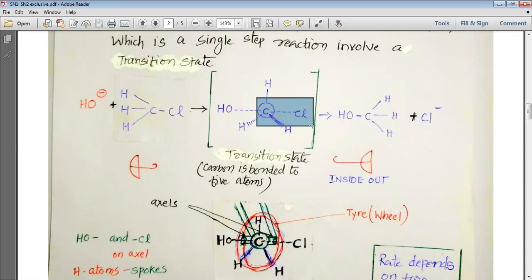So the newly formed bond is forming, whereas the old bond is being broken. These two actions take place simultaneously in the transition state.